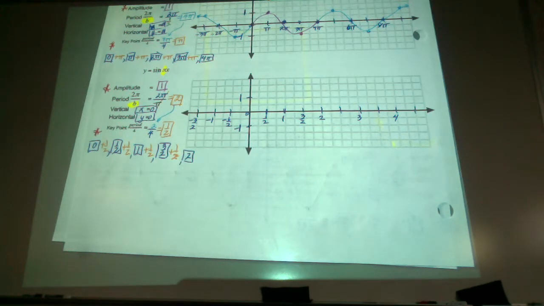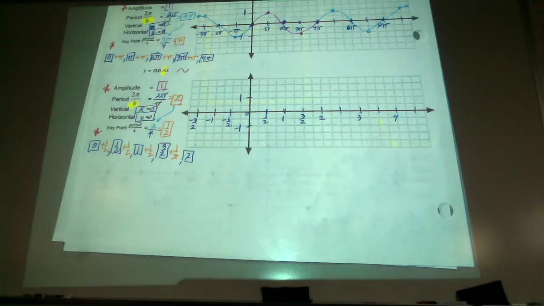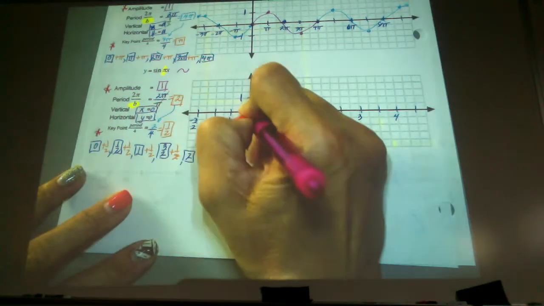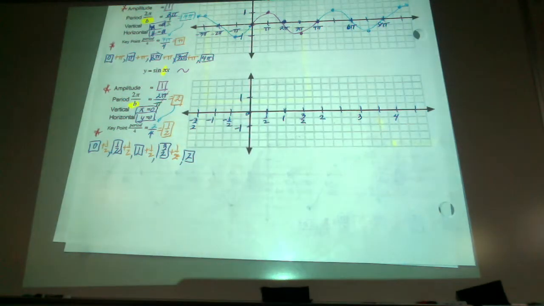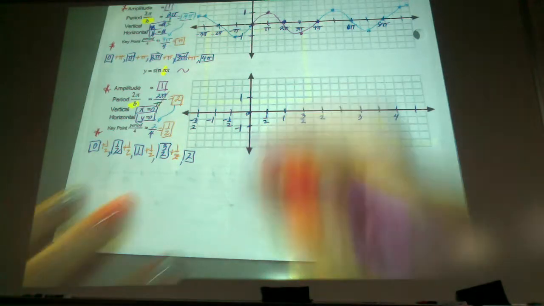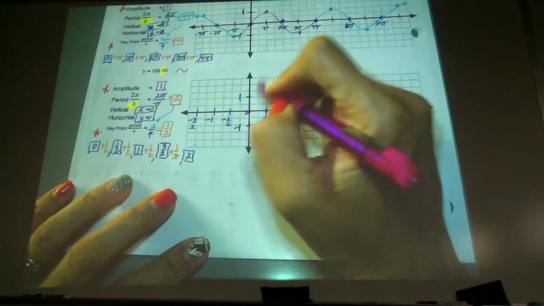We are still graphing sine. True? So sine looks like this. It starts down and moves up. So your pattern goes 0, up, 0, down. 0, up, 0, down. It's all about where you start. Sine starts at 0. So every increment, I'm going to follow my pattern up to the amplitude.